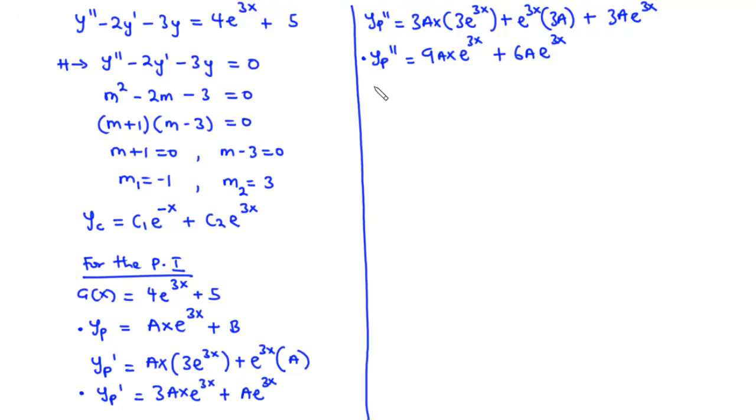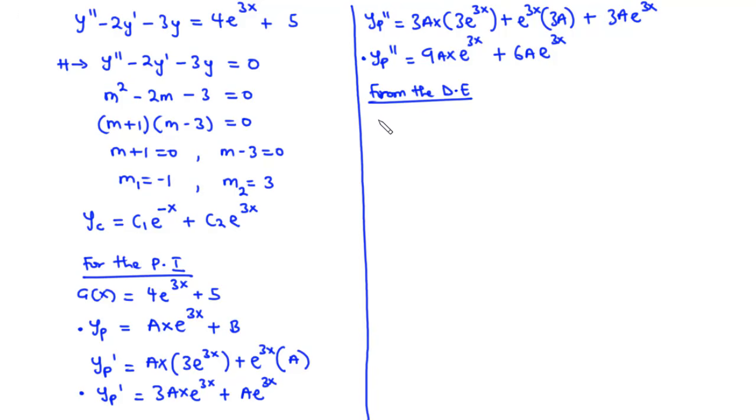Now from the differential equation, we are going to have y'' - 2y' - 3y = 4e^(3x) + 5.